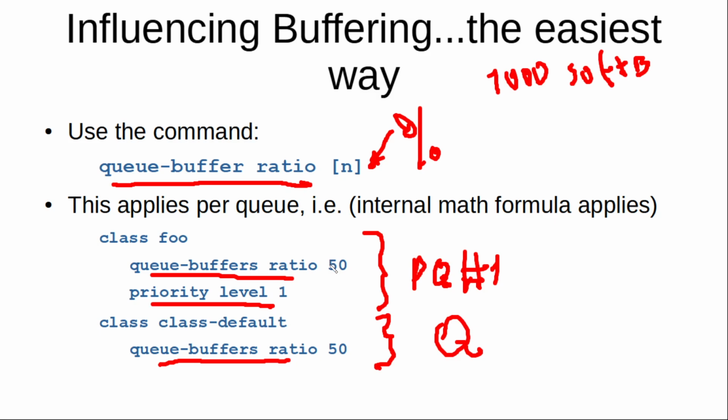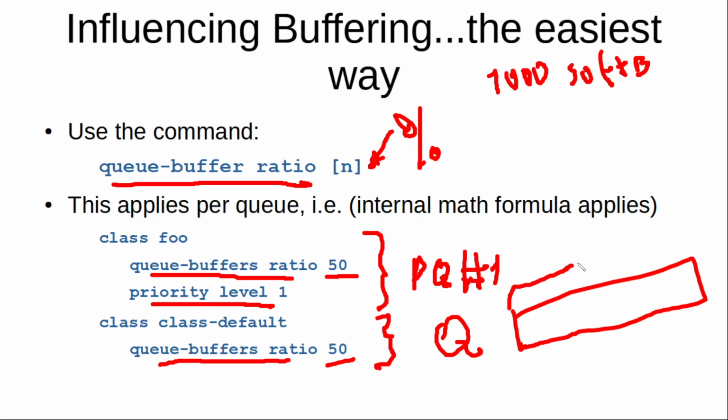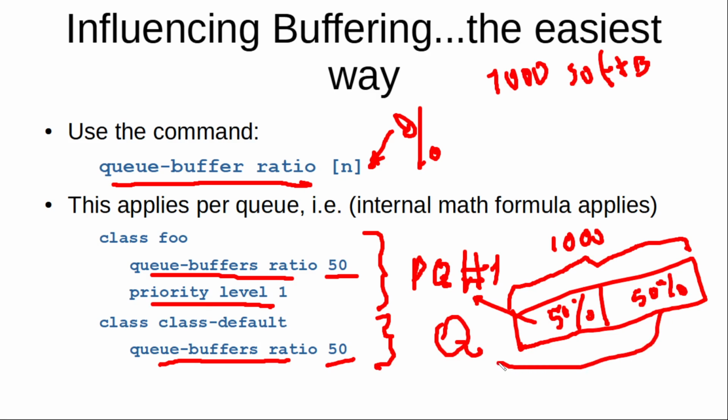You might think, if reading this 50% and 50%, that you are going to see something like, if we had, let's say, 1000 buffers, then you will get assigned 50% to the first queue, that is a priority queue, and then 50% to the other queue. You will be wrong. This is not the way it works.